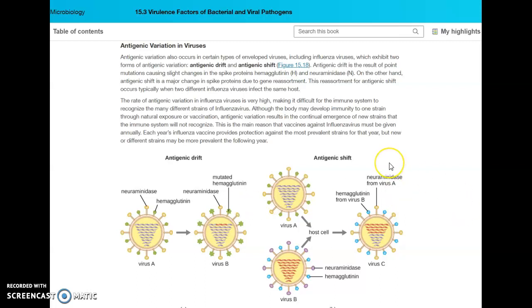Antigenic shift, on the other hand, is a major change in the spike proteins that occurs as a result of genes being basically reassorted. This typically happens when we get two different strains of the influenza virus that infect the same host.